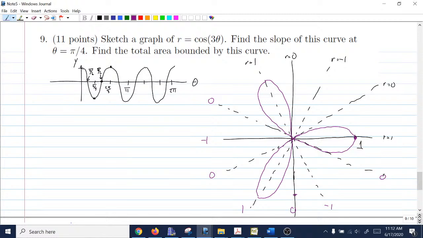Yeah, so going 0 to 2 pi will include this whole loop twice. This is one of these where it's passing through the entire curve twice. So when I find the total area bounded by the curve, I should go from 0 to pi, not 0 to 2 pi. Going 0 to 2 pi will catch the whole thing twice. How do I find the formula for area? Area is the integral of half r squared.